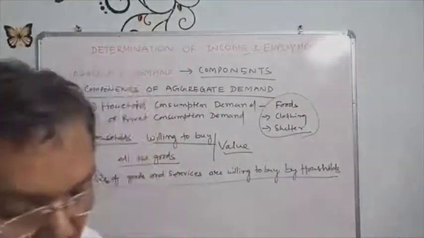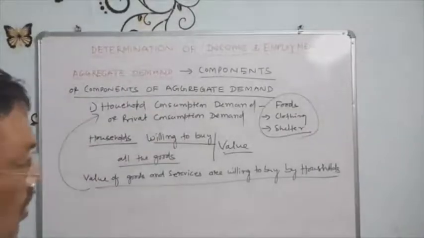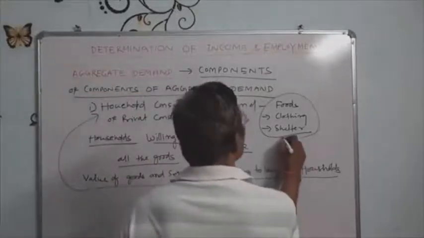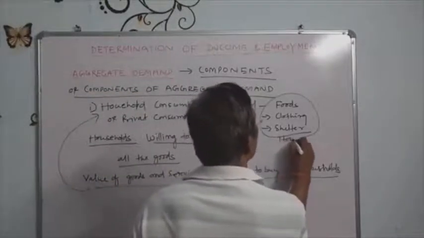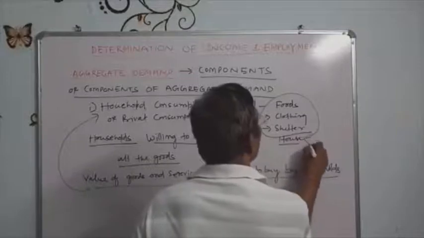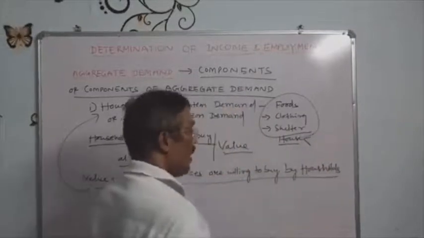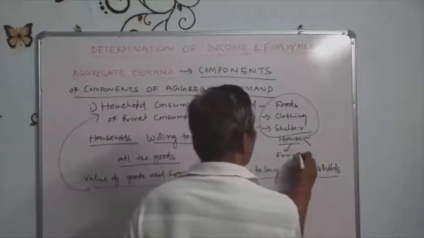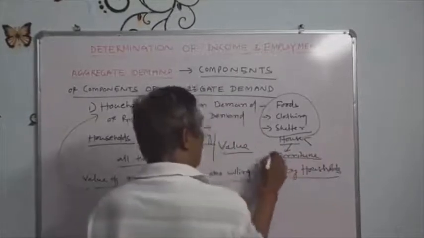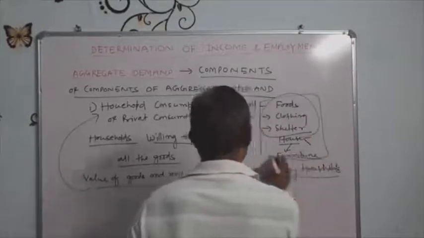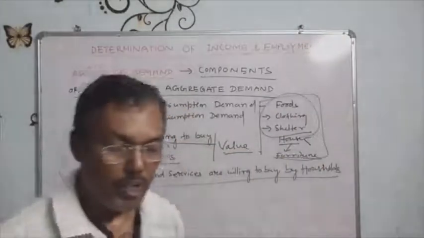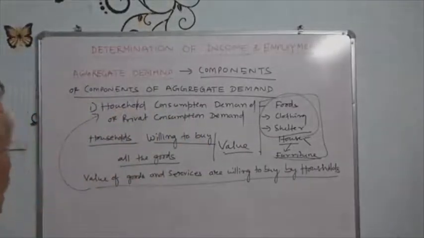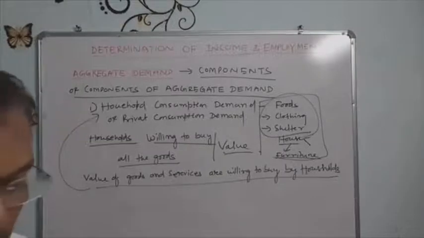So food, clothing, housing, shelter, and this house can be made with bricks, cement, and furniture, etc. All these goods demanded by households are known as household consumption demand or private consumption demand.